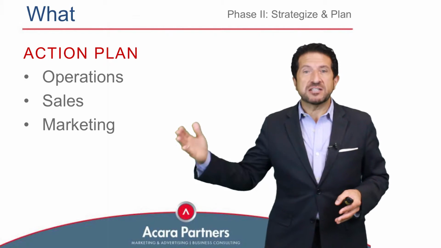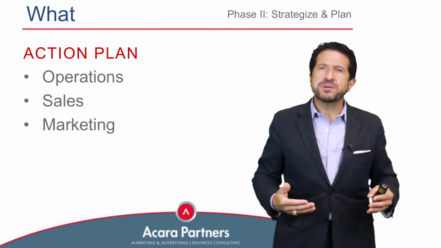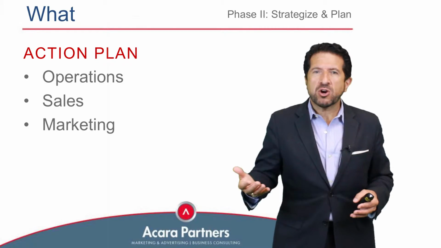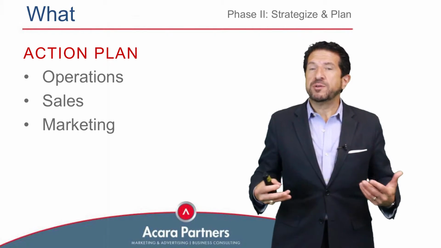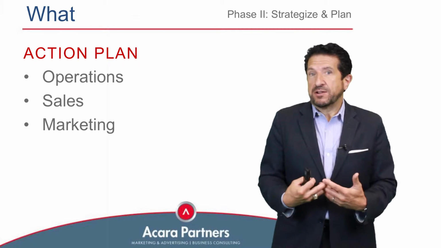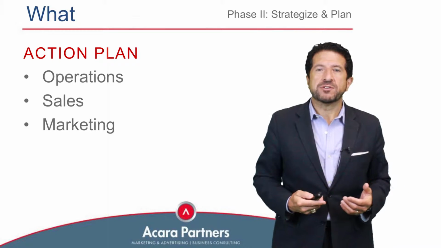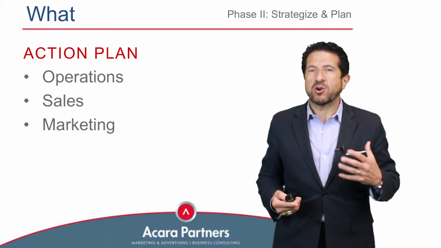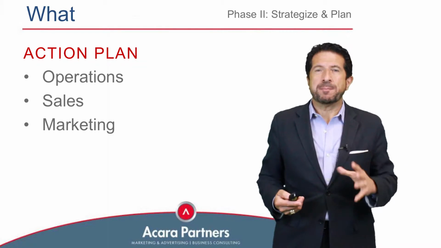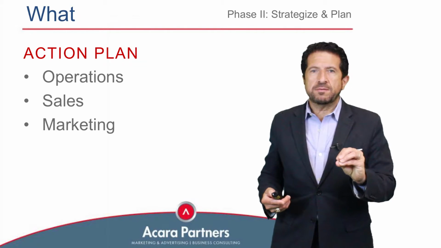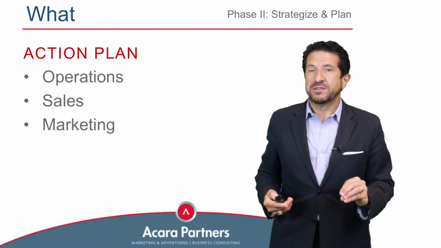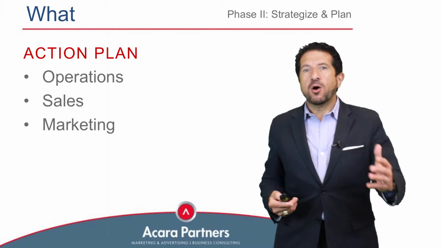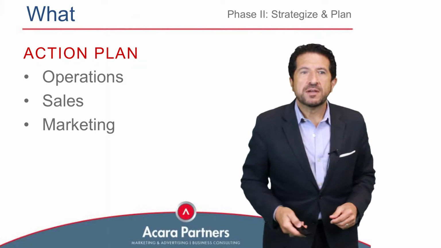Med spas spend more. It also depends on how many years you've been in business, your reputation, how well known you are within the marketplace, how long you've been communicating your message, and how effective you are at communicating it. That's the part of the marketing plan that sits in the action plan, because you then need to determine how you're going to fund the spend. Are you going to reach into your pocket, like we talked about before, or are you going to finance it?